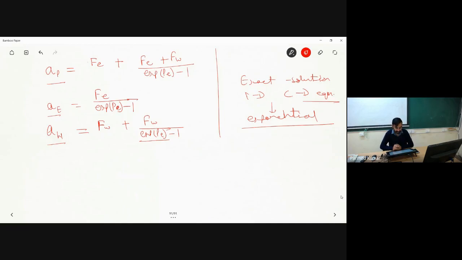Rather, hybrid and power law based schemes were implemented, which are also derived by taking understanding from the exponential scheme. Now we will look into the hybrid and power law schemes.